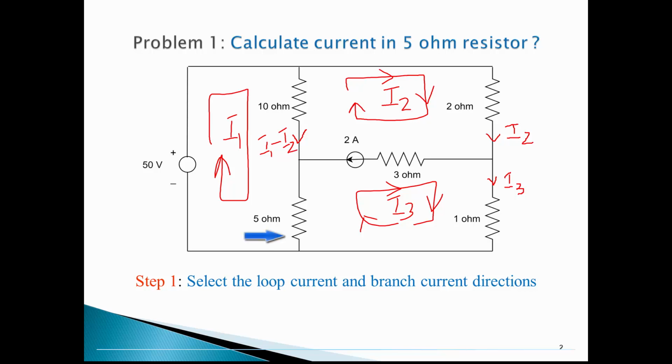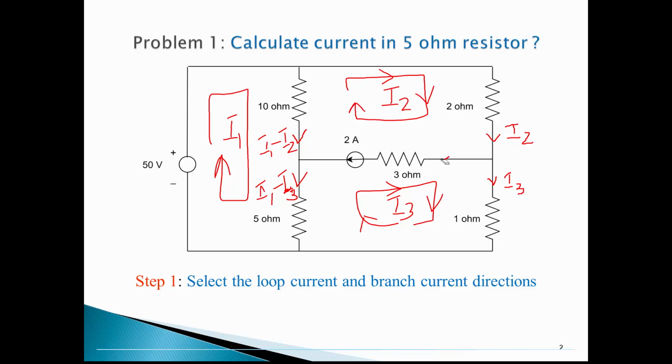And coming to the 5 ohm resistor, I1 is downward, I3 upward. I am assuming a downward direction. So I1 minus I3 is my current flow here. Then we have one more branch, the 3 ohm branch, where a current source is given and the direction is clearly defined towards the left.